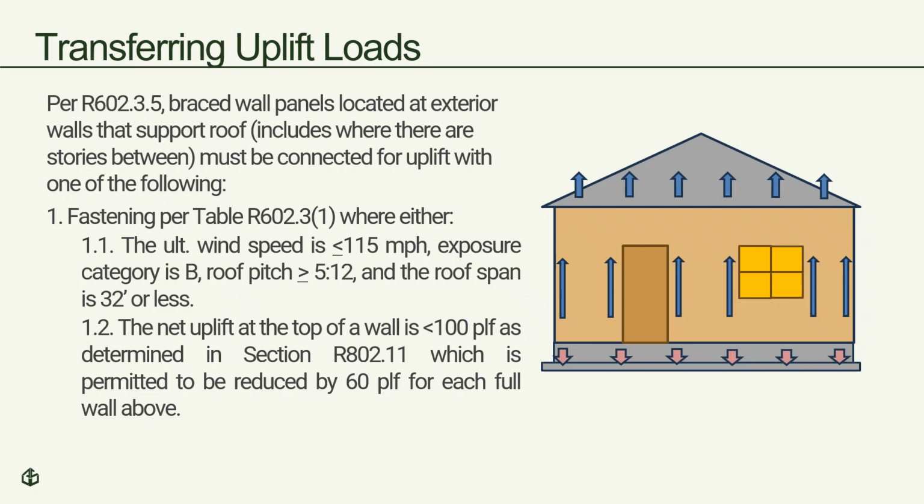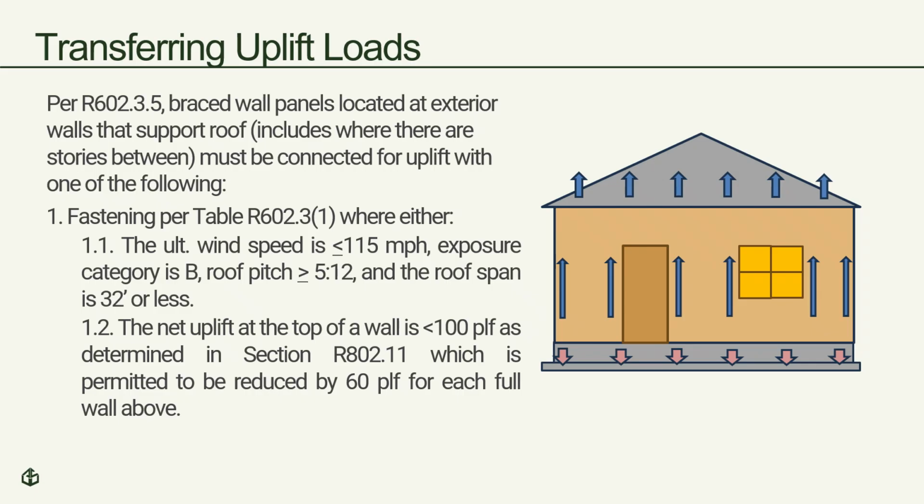Similar to the roof-to-wall connection in R602.3.5, it provides criteria for when it is sufficient to rely on the prescriptive nailing of Table R602.3(1) only. Also, similarly, you'll see it includes the option for where the wind speed is less than or equal to 115 miles per hour, exposure category is B, roof pitch is greater than or equal to 5:12, and the roof span is 32 feet or less.